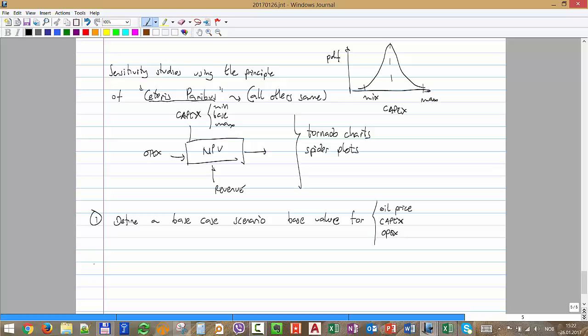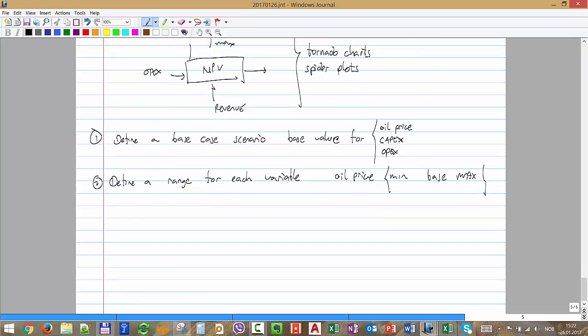Then you have to define a range for each variable. For example, you say the oil price might change between a minimum, a base value, and a maximum.